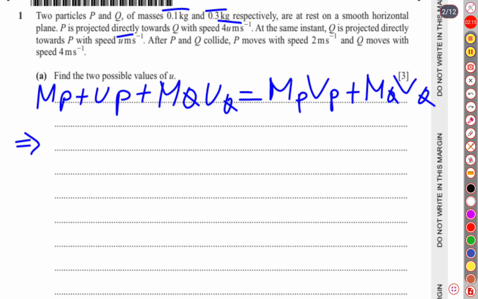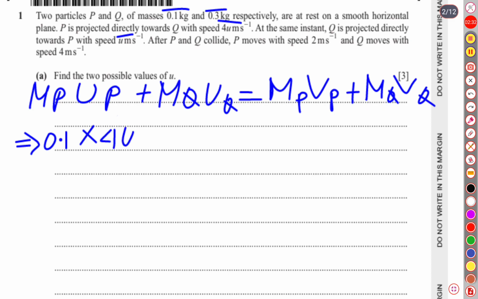So let us write the values. Mass is 0.1 into initial velocity of particle P, which is 4u plus.